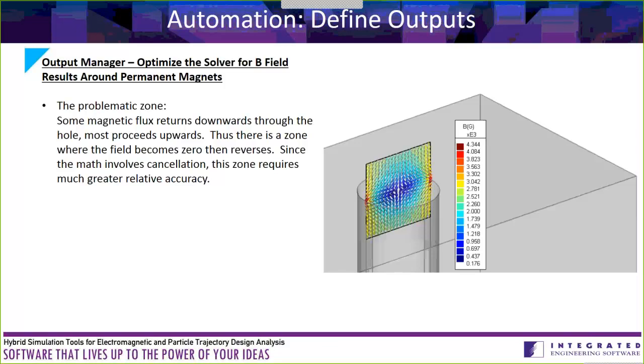One is right around the hole, you have an odd flux pattern because the flux is going upwards in general at the top of the magnet, but some of the flux returns through the hole, and that means that you've got an inflection point or a saddle point in the middle where the field is zero. Because the math in this whole region basically involves cancellation of upwards and downwards contributions of the flux, the numerics are very tricky.